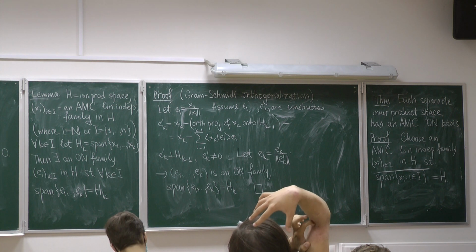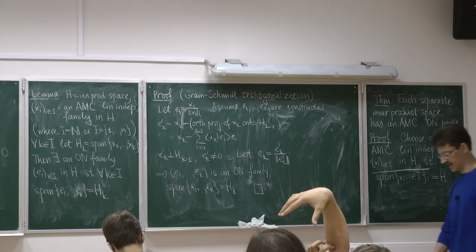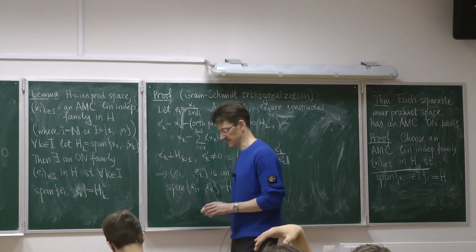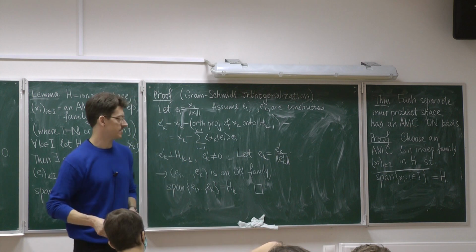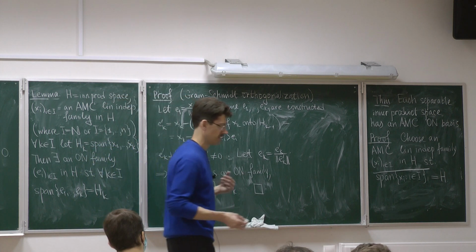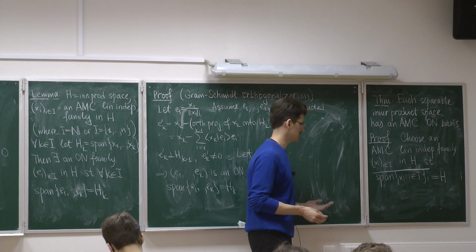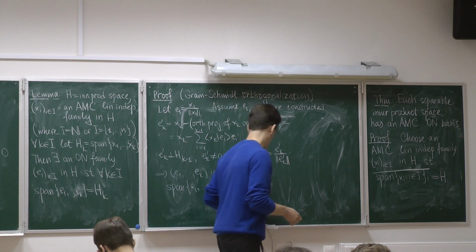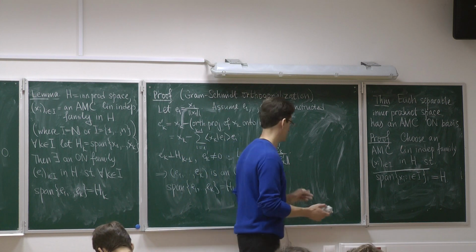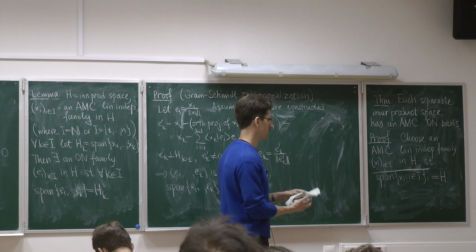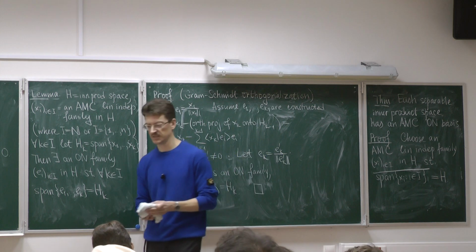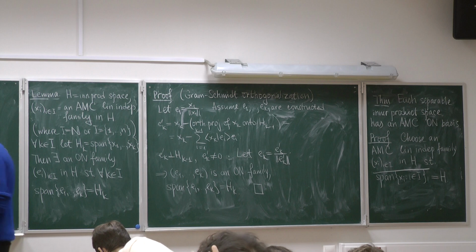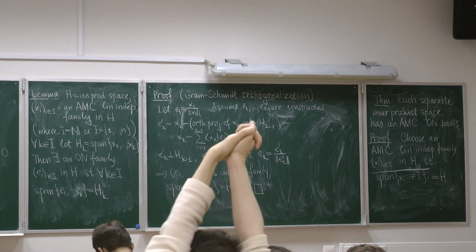This is always possible. In fact, this is a part of an exercise from sheet 1. So first of all, we choose a dense countable subset, and then we throw away some elements of the set to get a linearly independent set with a dense linear span.